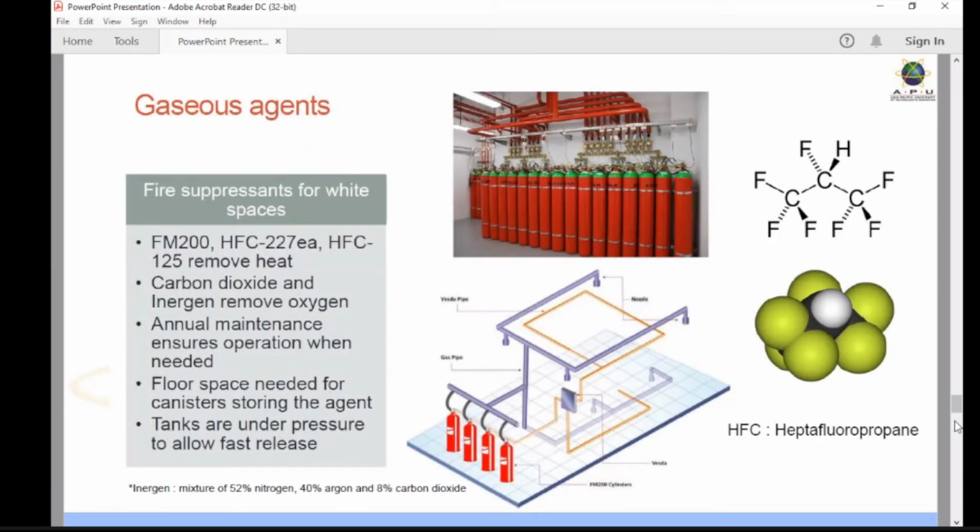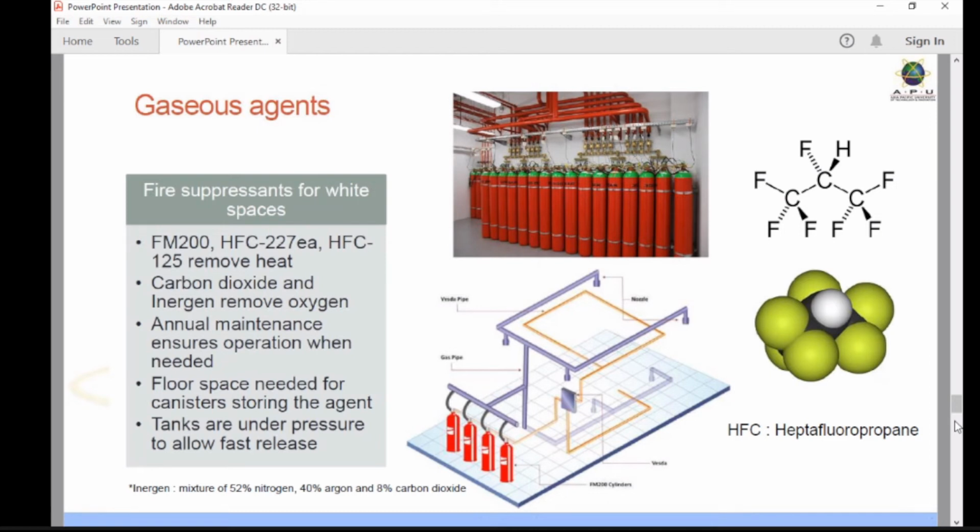So gaseous agents, you can see here, heptafluoropropane, okay, that's the compound, HFC, and fire suppressants for white space. For data centers, we use FM 200, HFC 227EA, HFC 125. Okay, these are similar suppressants, they remove heat, and carbon dioxide and Inergen.